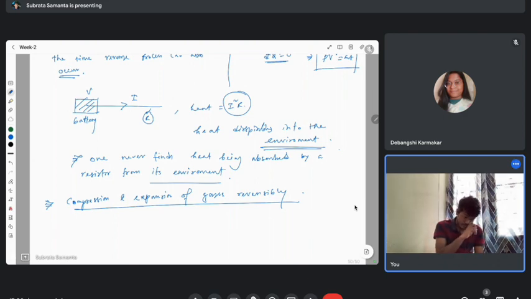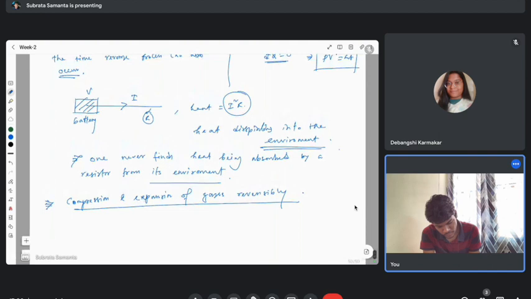How do we do a reversible process? If we do the compression and expansion of gases reversibly, we do it sufficiently slowly, so that the gas remains in equilibrium throughout the entire process.